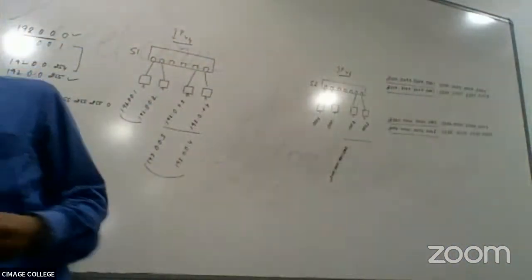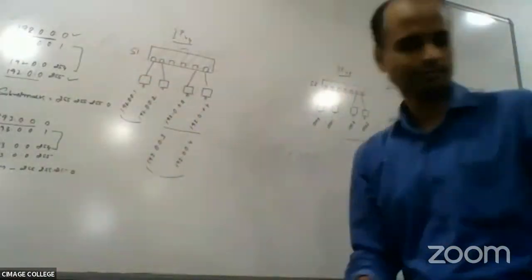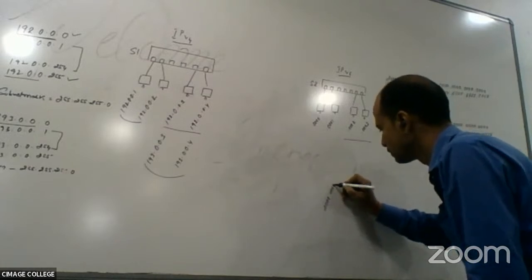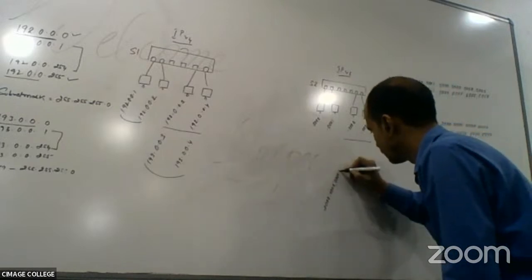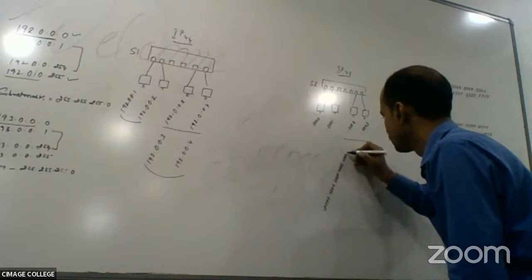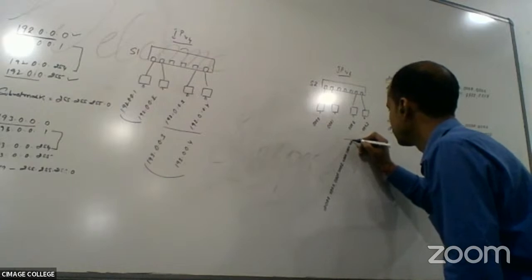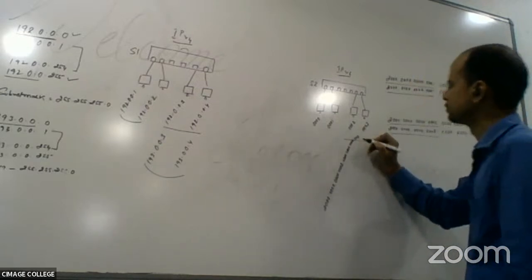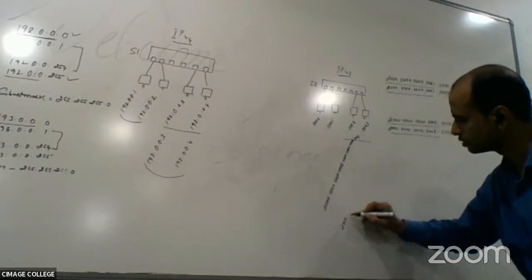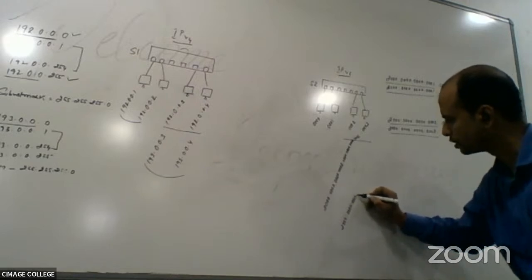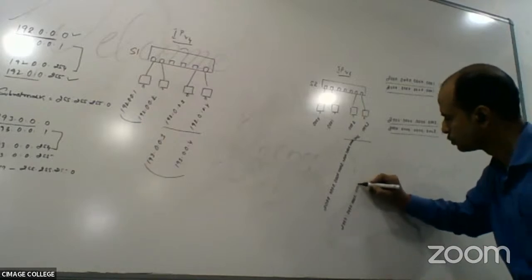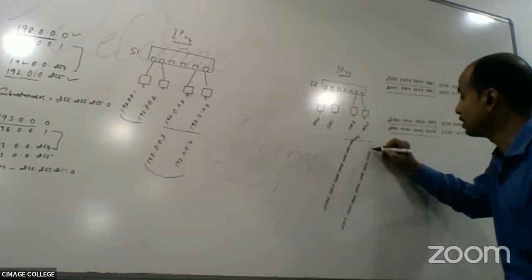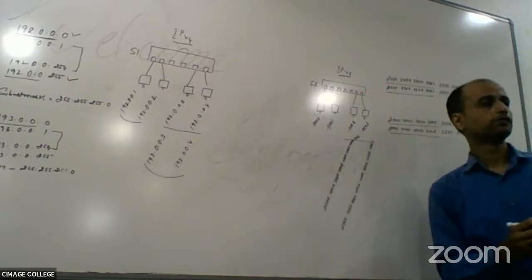For the second node, 2000 colon 1 2 3 4 colon 1 2 3 4 colon 1 2 3 2 1 2 3 4 colon 1 2 3 4 colon 1 2 3 4 colon 1 2 3 3. Fine.